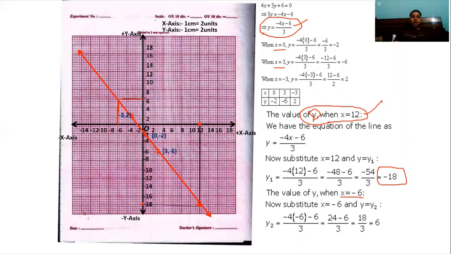So corresponding to x equal to minus 6, we have y equal to plus 6. In this way, we can also find the missing value from the given graph.